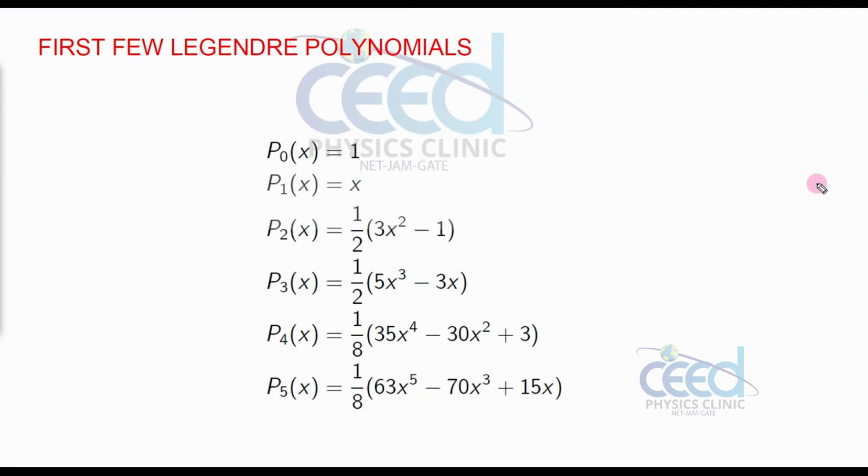Today we are going to discuss another session of special functions. In the last 3 lectures, we have seen what is Legendre polynomial, and also we have seen it is the solution of Legendre differential equation.